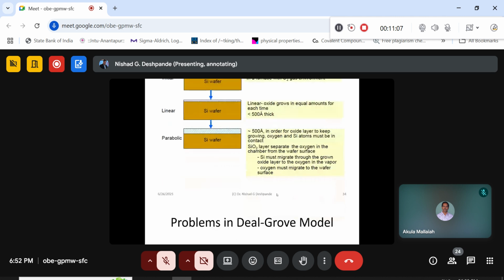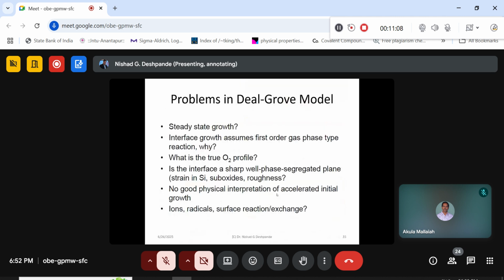We talked about this particular part, where the different growth problems were discussed by Deal and Grove. And we were trying to understand that this particular part is very important, because when one is growing oxide layers, it is important to have a proper thickness, because this thickness is later on useful for fabricating your different devices.